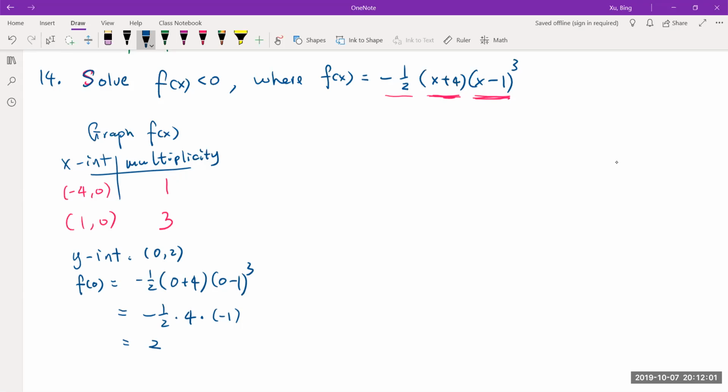Now, what else? End behavior. So how do we know the end behavior of a polynomial? The end behavior resembles the leading term, right? So what is the leading term? Leading term, let me write this again.